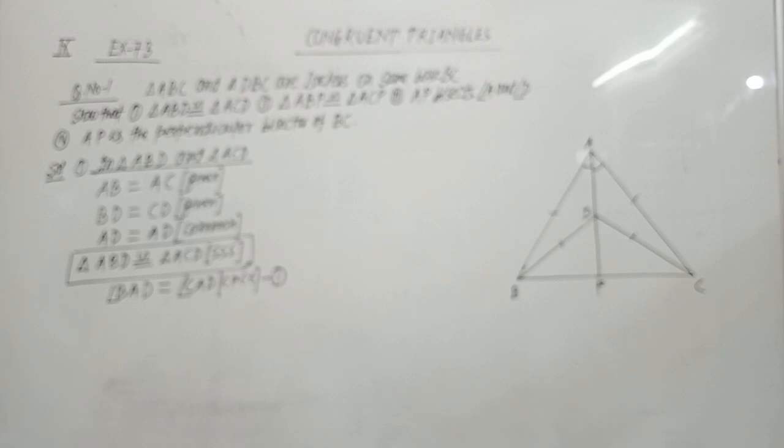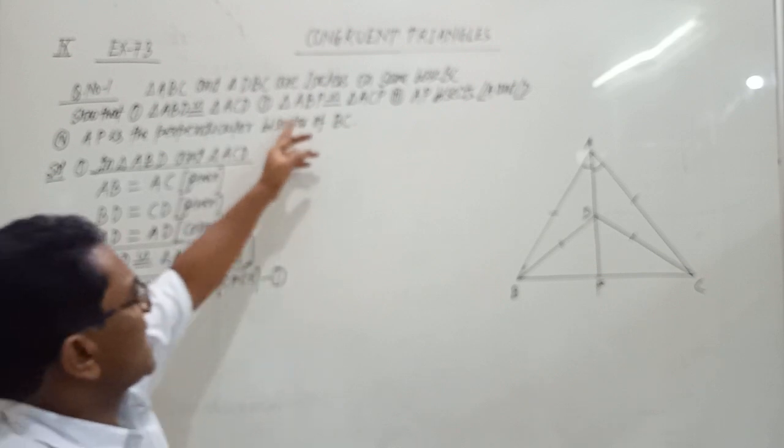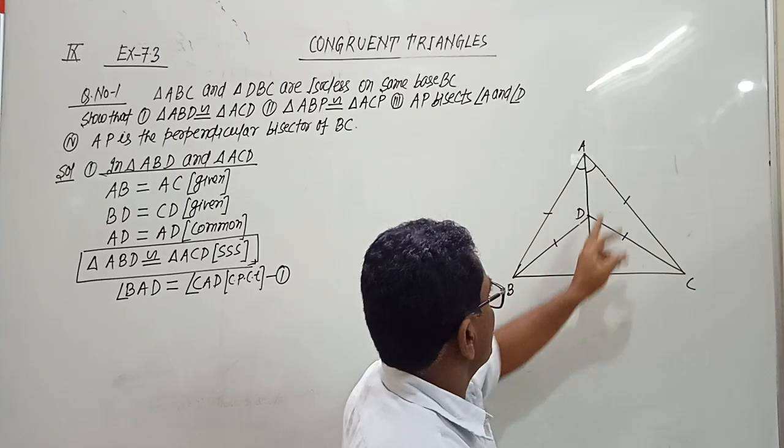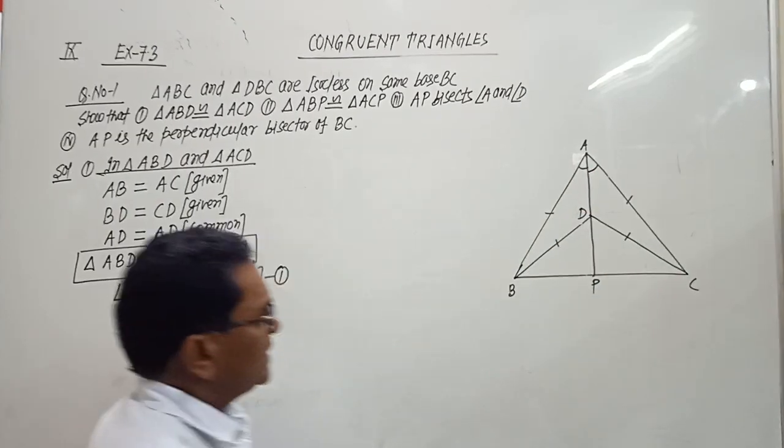Now the second part which we have to prove, that triangle ABP is congruent to triangle ACP.